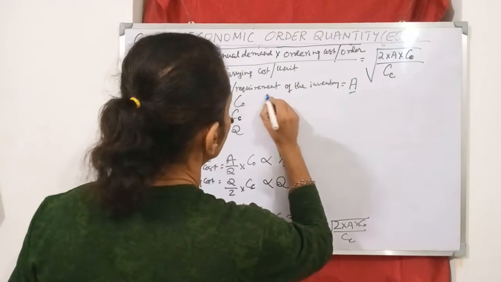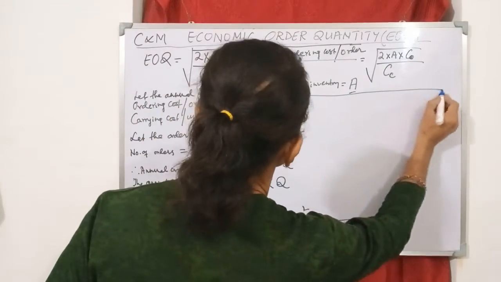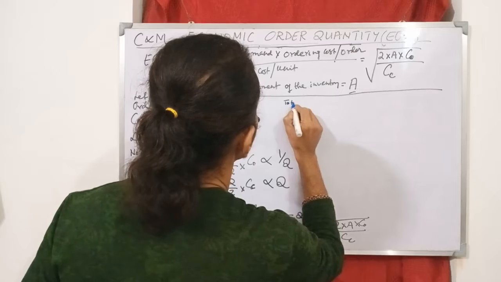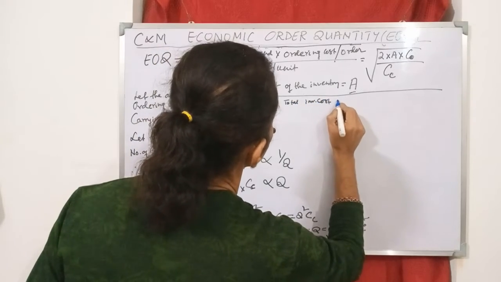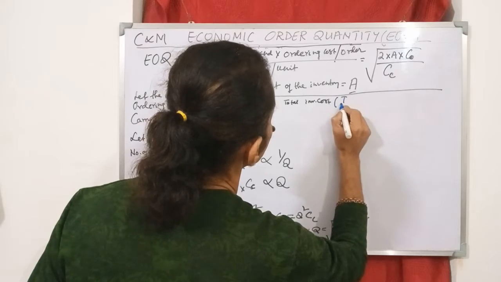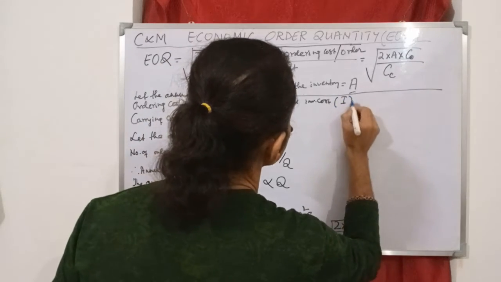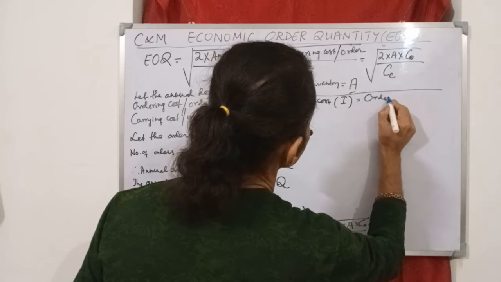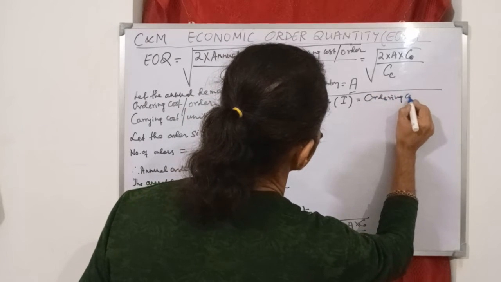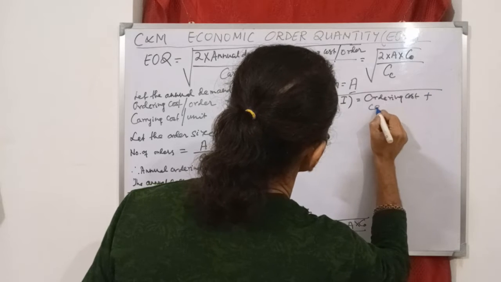Now, total inventory cost. Total inventory cost, let it be I, is equal to ordering cost plus carrying cost.